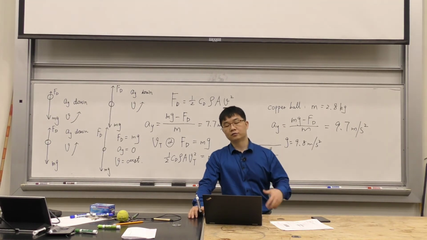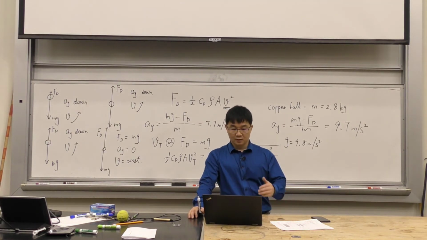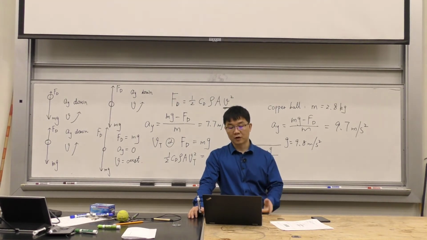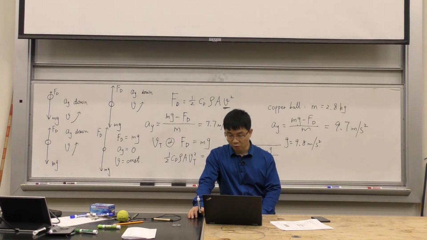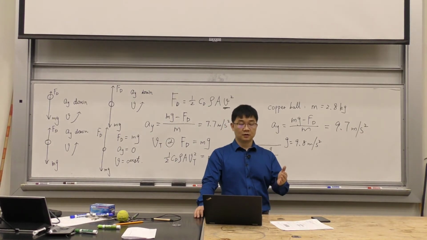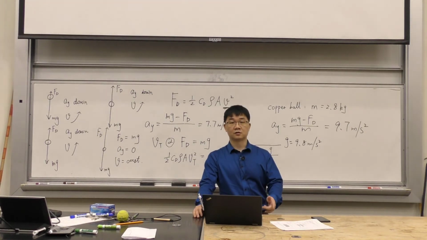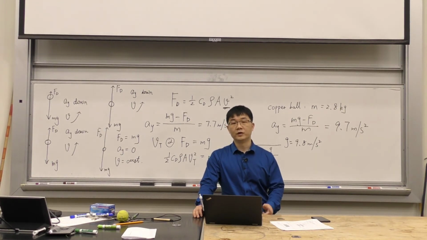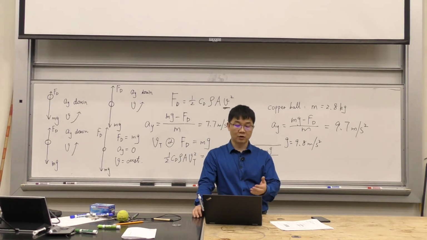If I ignore drag, it's just going to be in free fall. And if you want to find the speed of this baseball when it strikes the ground, you just use kinematic equations, right? Because free fall is a constant acceleration motion. The acceleration is always 9.8. So you pick one of them.